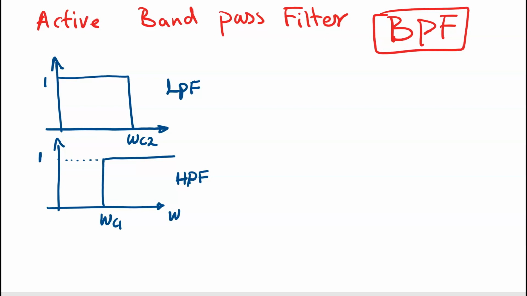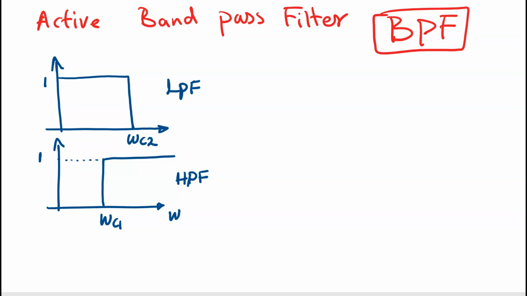Now, if I'm looking for a middle range frequency to be passed by the filter and to be killed by the filter anywhere else, then I can think of cascading these two filters.